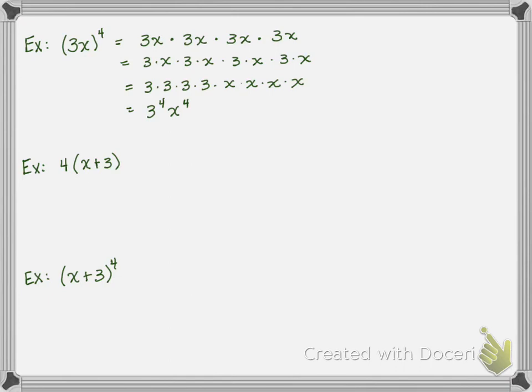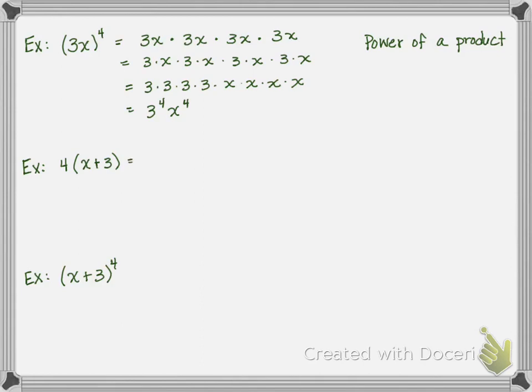That's what we call the power of a product rule. And that rule is entirely reliant on the fact that the exponent is repeating the operation that's already inside the parentheses, right? So when I rewrite that exponential expression as repeated multiplication, it results in me having only multiplication in that expression.